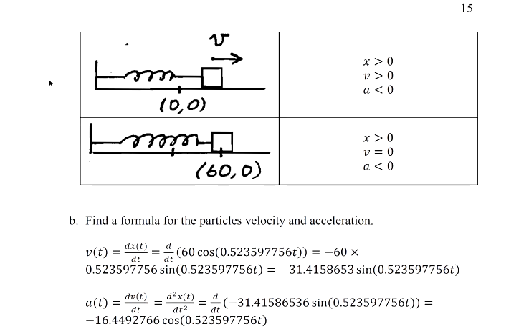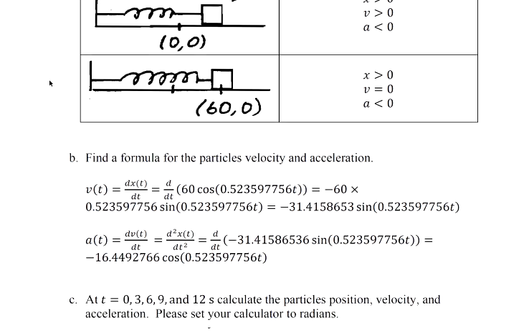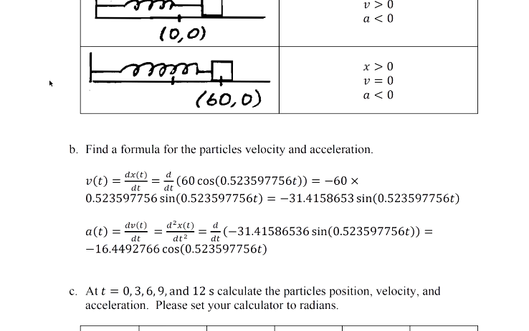Look at this next image here. We're to the right of the equilibrium position. The velocity is to the right. So velocity is positive. Acceleration is less than 0 because we're slowing down. And the position is positive because we're to the right of the equilibrium position. And finally, the last image shows that we're at rest at 60 comma 0.